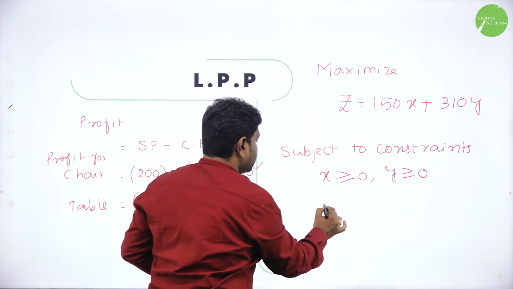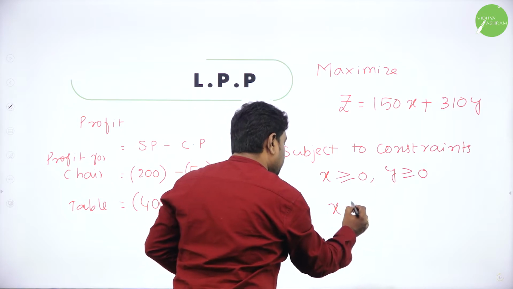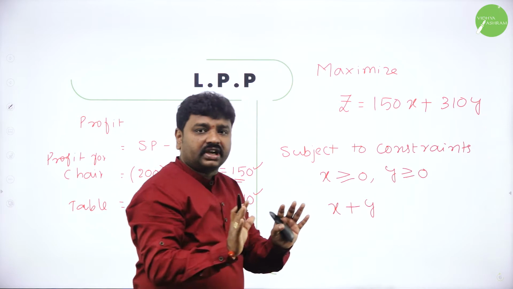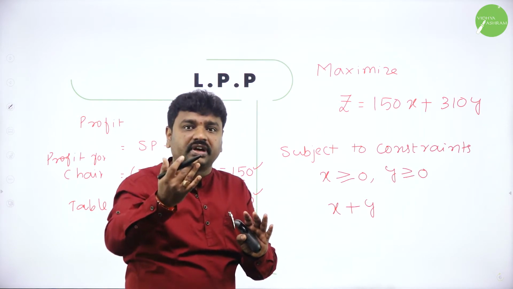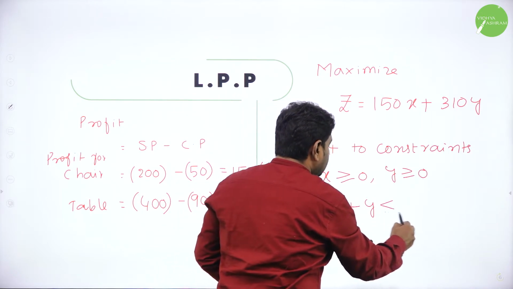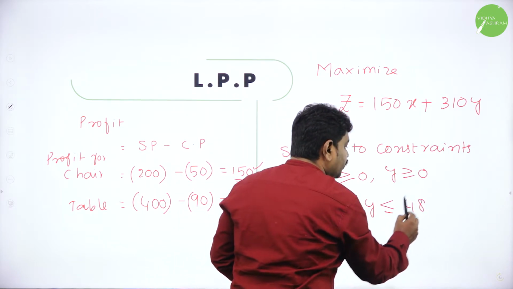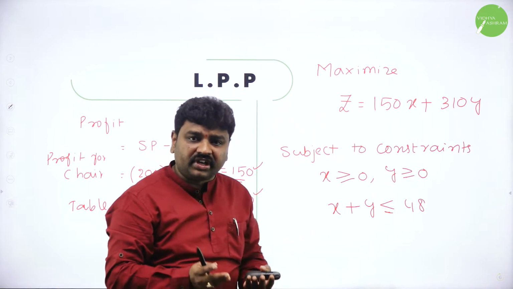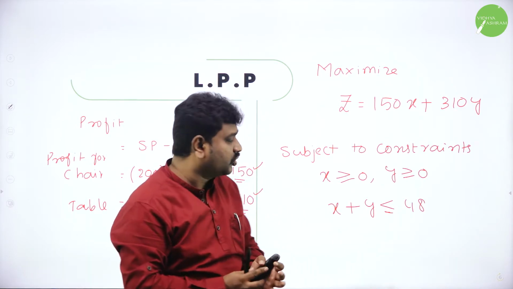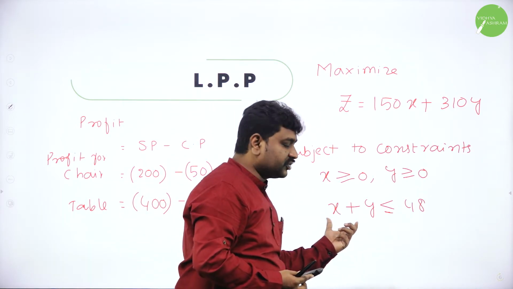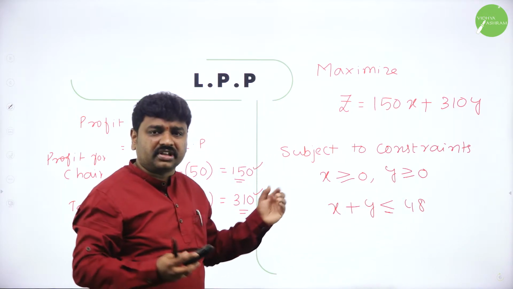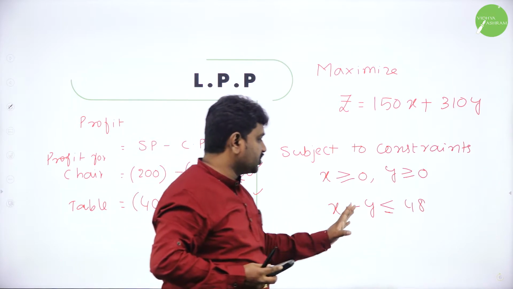X number of chairs plus y number of tables, the total, should be at most 48. You don't have space for more than 48. So the number of pieces should be less than or equal to 48. Why? Because he has space for 48. If he takes a 49th, he doesn't have space to put it. He may get profit, but he has no space. So x plus y is less than or equal to 48. This is the space constraint.